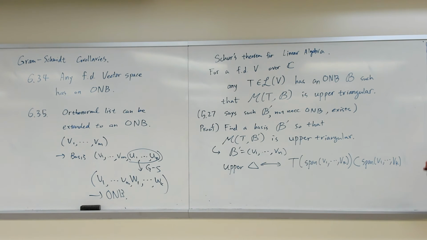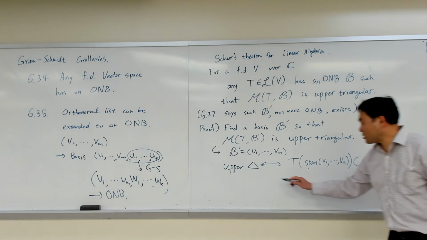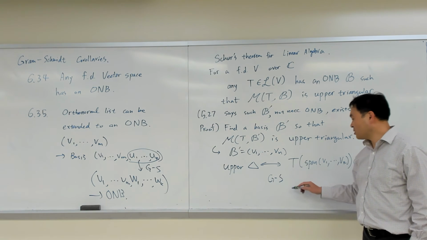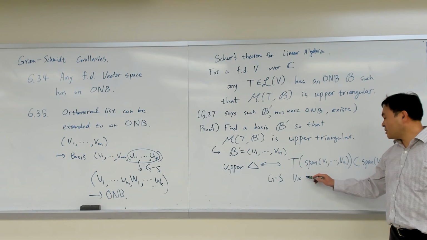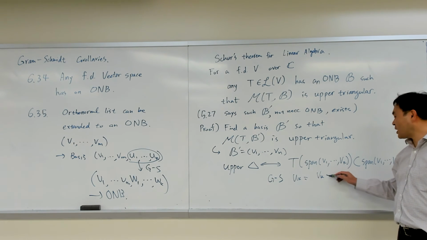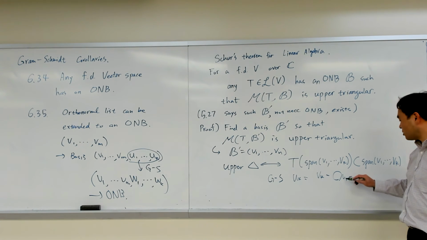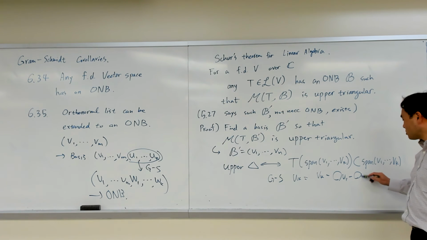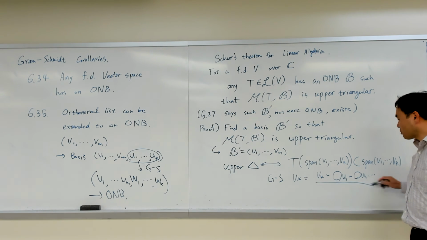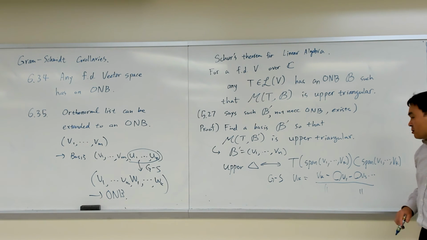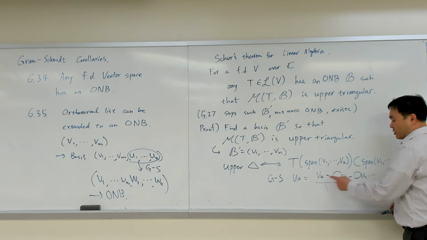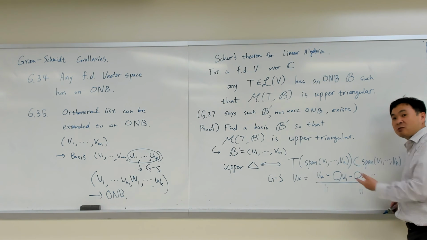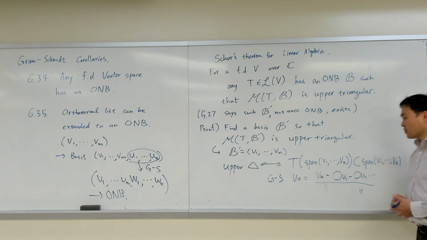Now, what happens is that if you look at the Gram-Schmidt procedure of defining Uk, you see that Uk is defined as Vk minus something V1, something U1, something U2, and so on, over, and you normalize that. So whenever you define your Uk, it's always made from the previous ones.